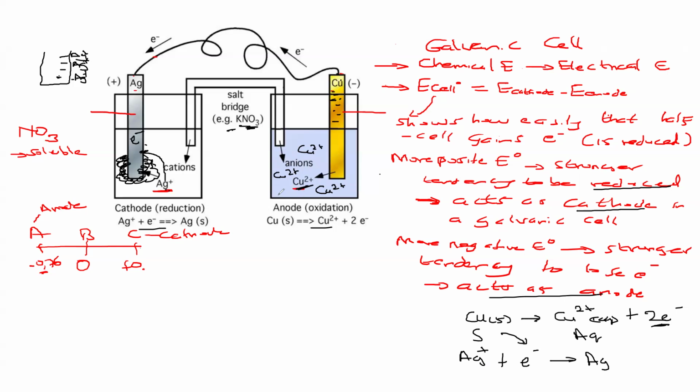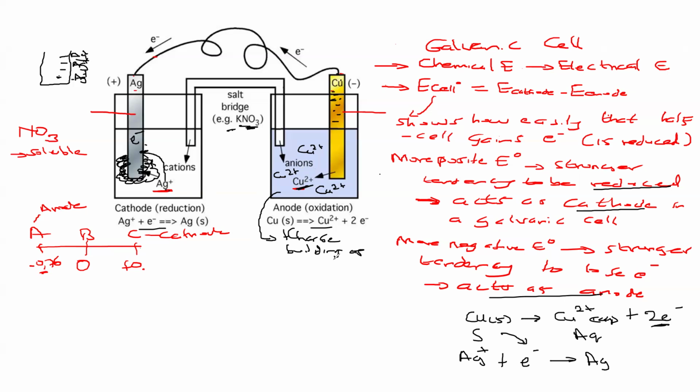So it means we are going to have positive charge building up in this anode solution, because you keep on forming more of this copper 2 plus.